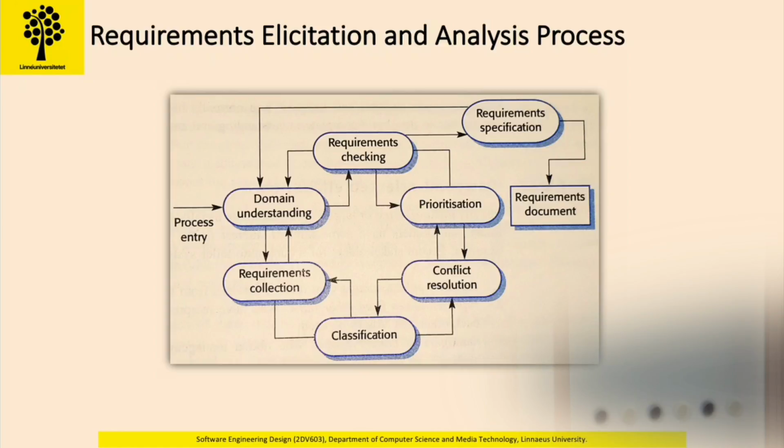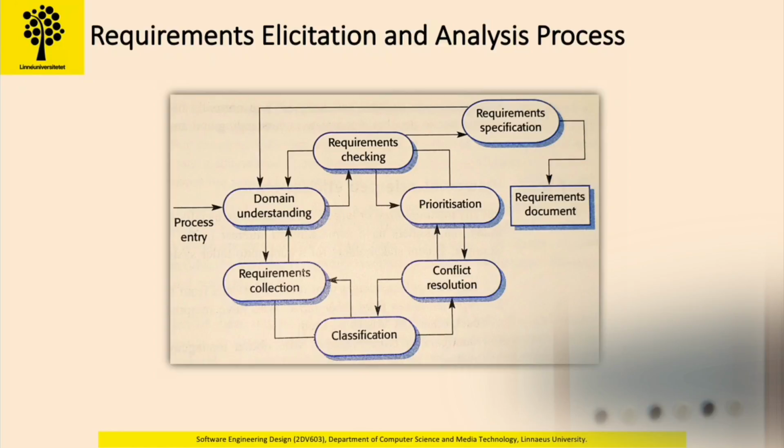In the same way, if you find any conflict in this step, you go back to classification. If you find any problems in the requirements checking step, like a consistency issue, a conflicting issue, or a writing issue, you go back to the previous step. So you can go back all the way to the first step.